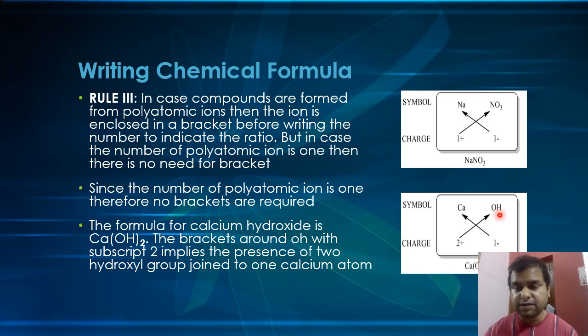But in the case of calcium hydroxide that we see below, it is formed with calcium, Ca, and the hydroxide ion, which is OH, the hydroxyl ion. Calcium has a positive 2 charge and OH has a negative 1 charge. So this 1 goes and multiplies with calcium, and this 2 goes and multiplies with hydroxyl. But if you notice over here, since this is a polyatomic ion, we put a bracket around OH, and we put the 2 down there.